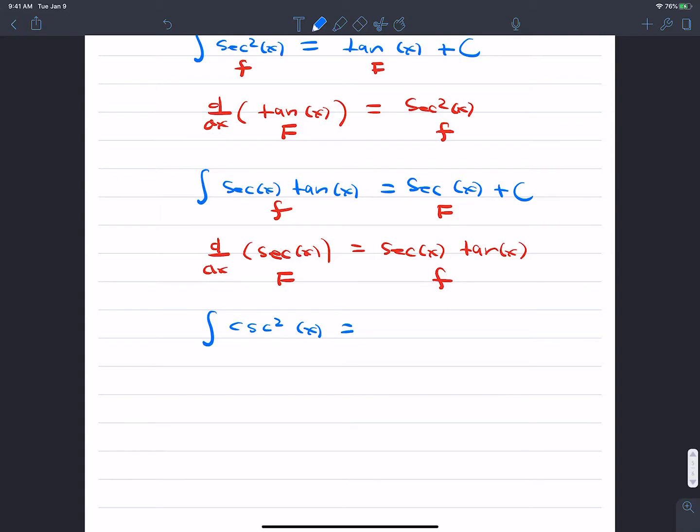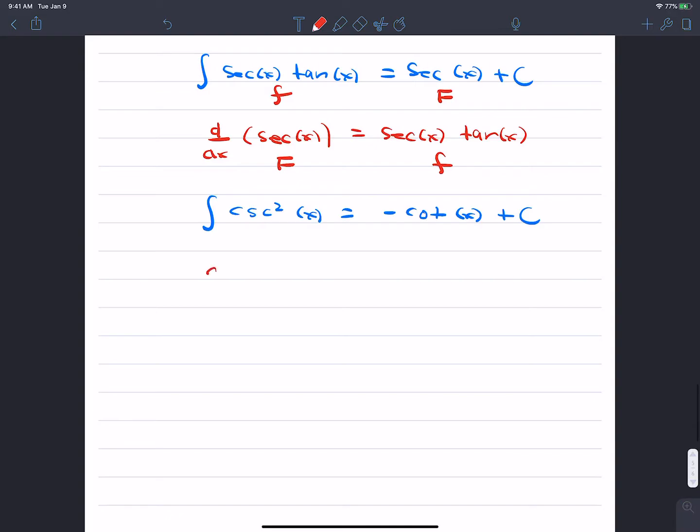What's the antiderivative of cosecant squared? Anybody remember? Negative what? Cotangent. Yes, so let's write this down. Again, do you have to know this like you know your name? Absolutely. And when? This weekend. Because next week we'll do more work with this.